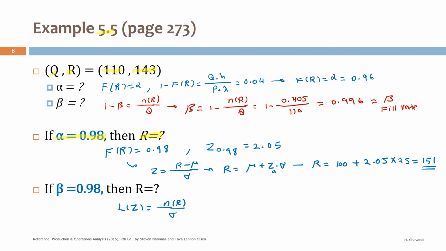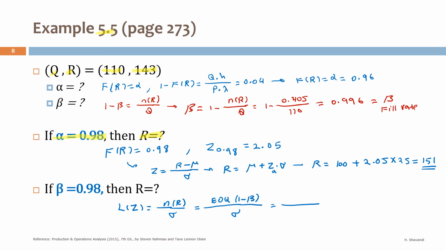So here, the N(R) when we have type 2 service level equals EOQ times 1 minus beta, and so divided by sigma. Okay, so here that's the point. Here we are not going to consider the Q.